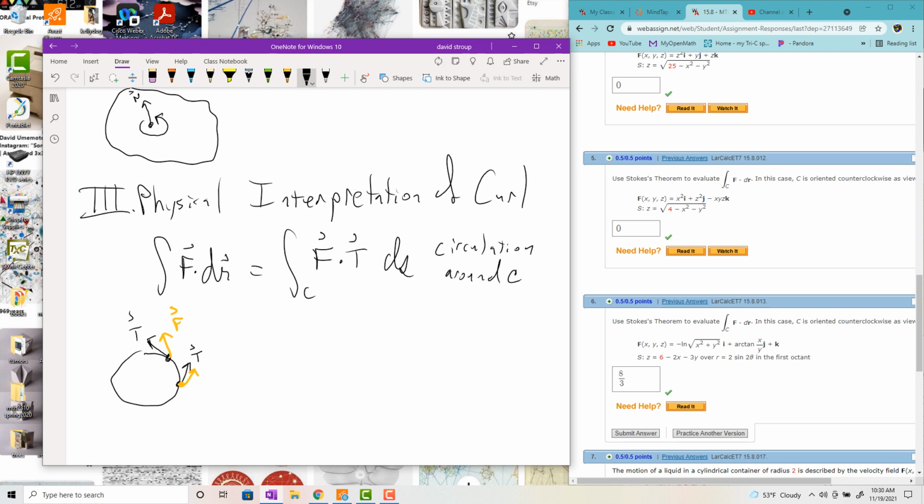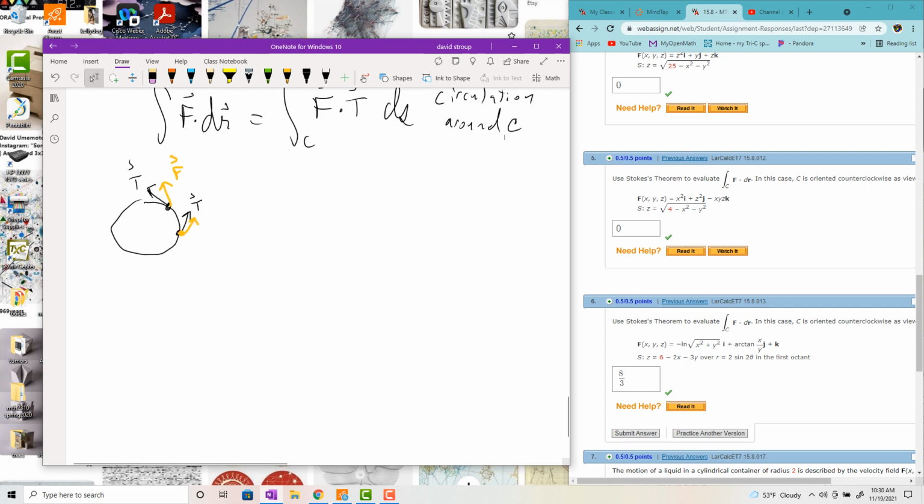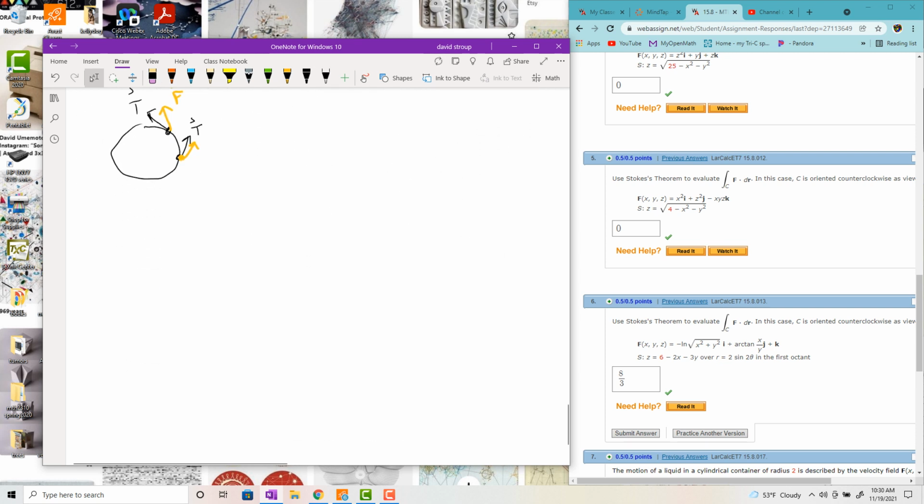Okay, so what we want to do now with this double integral, in order to get the interpretation of curl, is to take a surface and consider a small curve on the surface, in particular a circle on the surface, and there'll be a normal vector associated with that small circle.